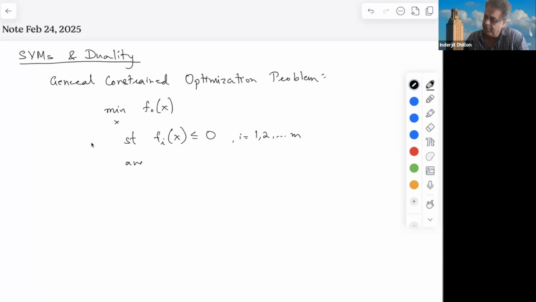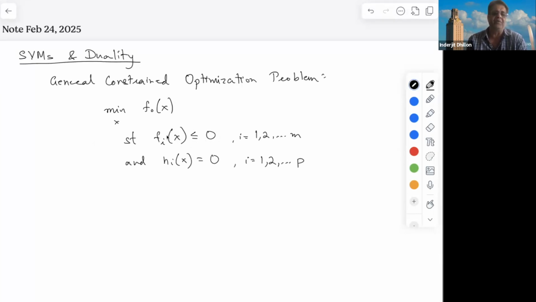And then a certain number of equality constraints. We always assume that it is f_i of x less than or equal to 0.